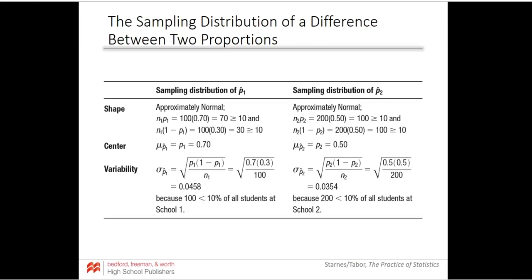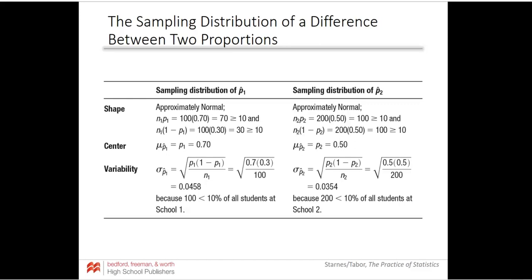The mean of the one school is 0.7, the other one's 0.5. We can subtract those in a minute. And then variability, we do their standard deviation separately there. So square root of PQ over N. Of course, we should always check the less than 10% condition before doing the standard deviation.